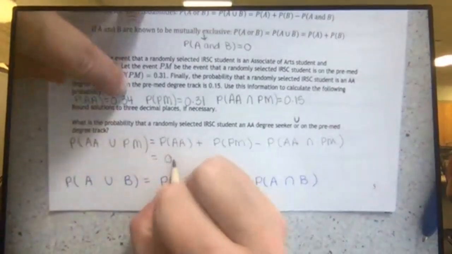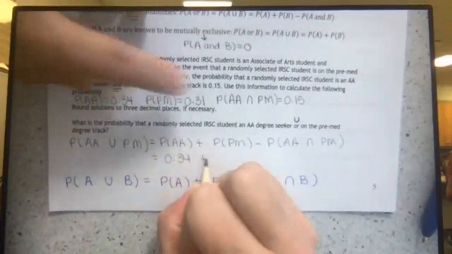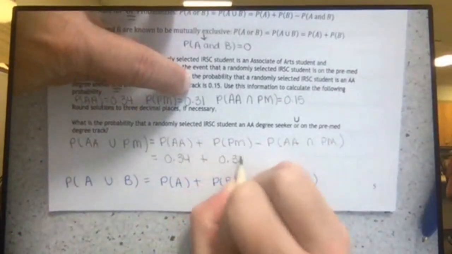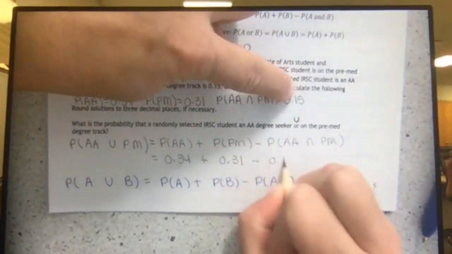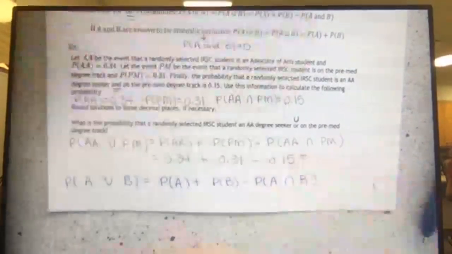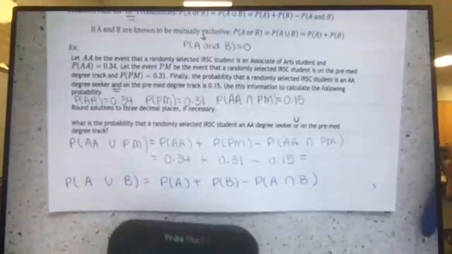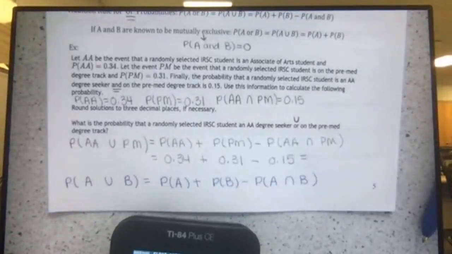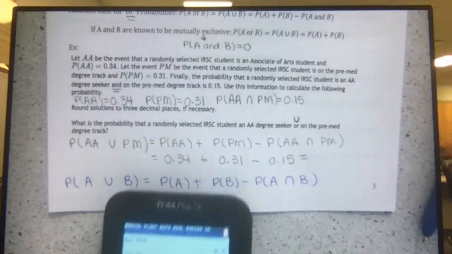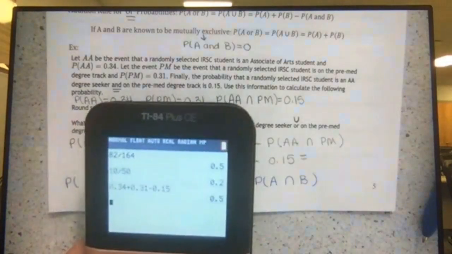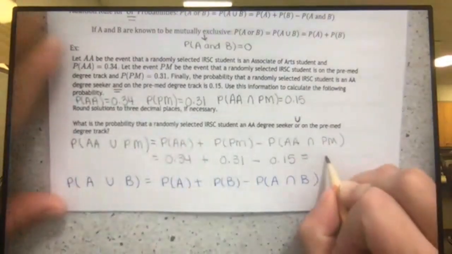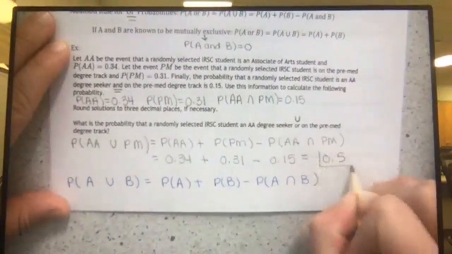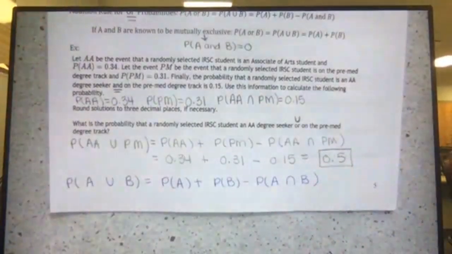Probability of AA we said was 0.34 plus the probability of pre-med 0.31 minus probability of AA and pre-med, which is 0.15. Plugging this into my calculator, 0.34 plus 0.31 minus 0.15 will give us 0.5. Done. 0.5.